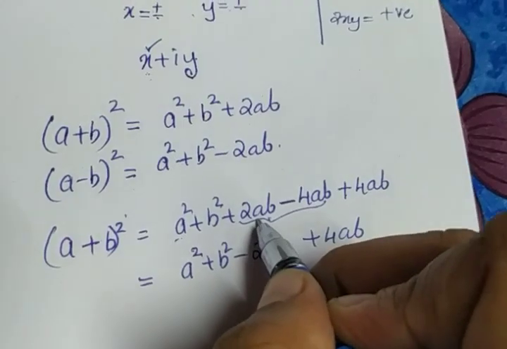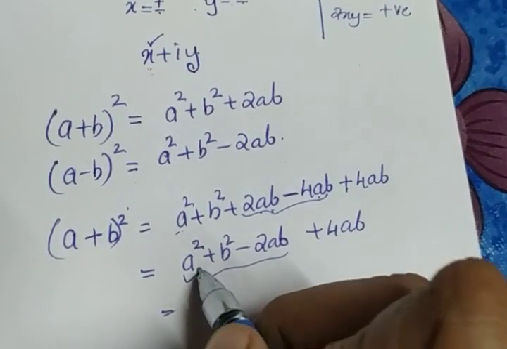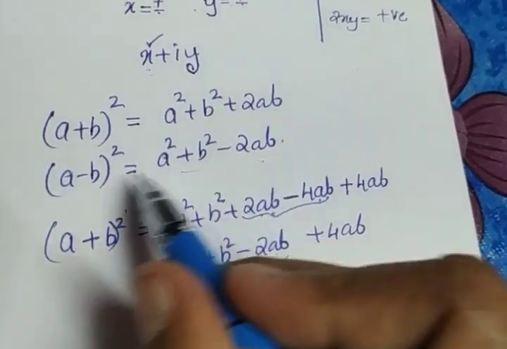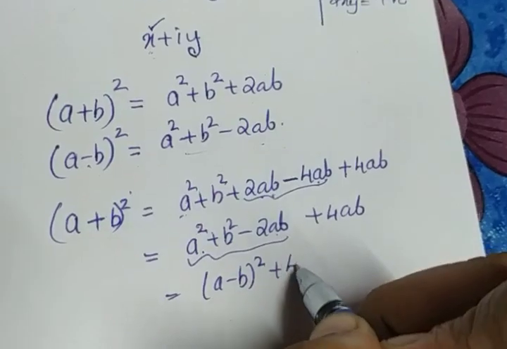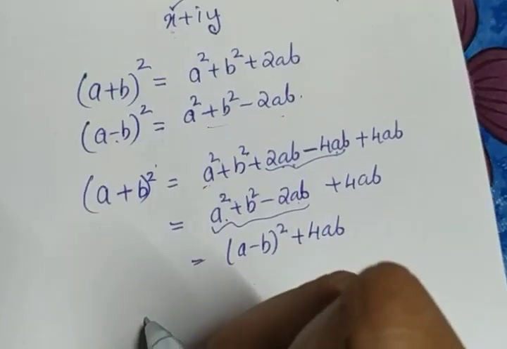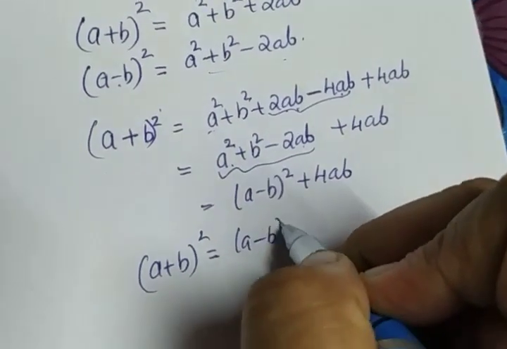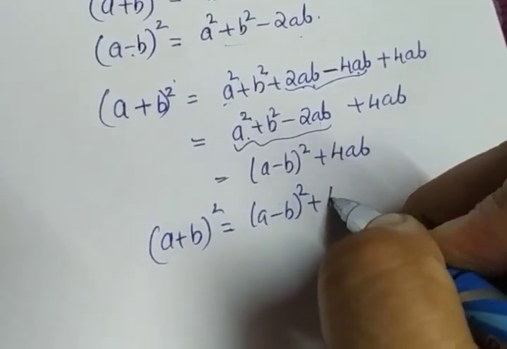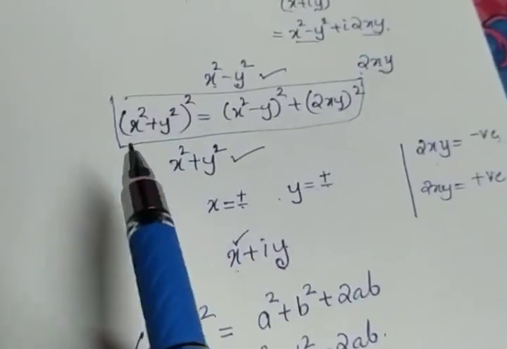I just simplified 2ab with the minus 4ab. What about this value? A square plus b square minus 2ab gives you a minus b the whole square. So a minus b the whole square plus 4ab. That is how we are getting a plus b the whole square is equal to a minus b the whole square plus 4ab.